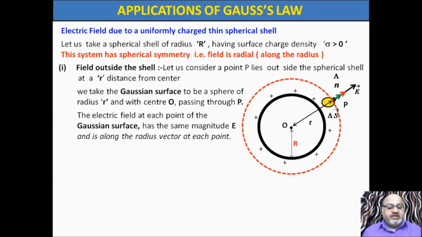This is the n cap. This green one is the unit vector along the direction of electric field as well as along the direction of the perpendicular vector, which represents the area vector. So this n cap is the unit vector along E.